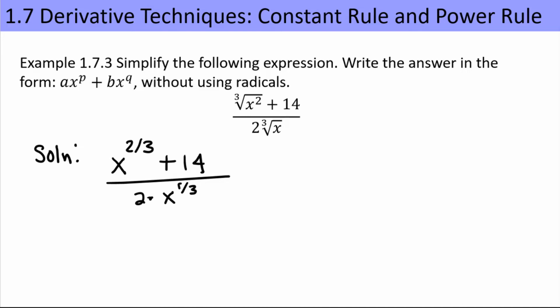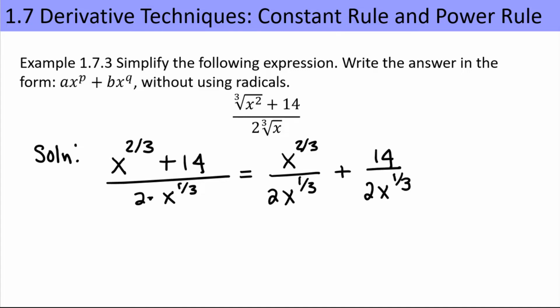Now let's separate the fractions. This would be equal to x to the 2/3 divided by 2 times x to the 1/3 plus 14 divided by 2 times x to the 1/3.